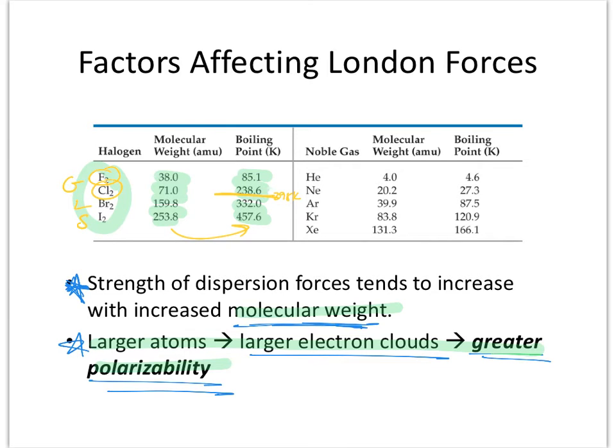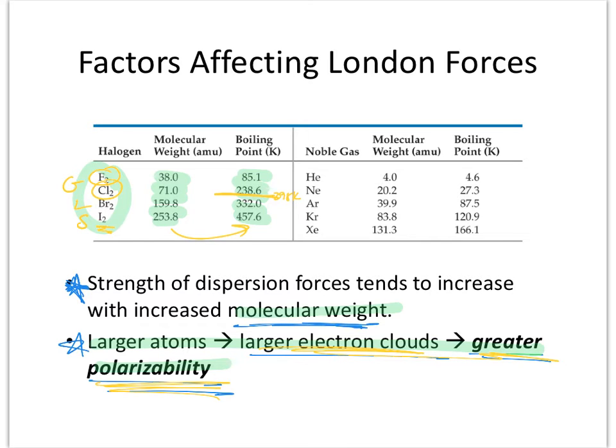Iodine is a solid at room temperature. Why? Because the intermolecular forces between iodine molecules are stronger due to the larger electron cloud and more polarizability of the molecule. If there's more electrons moving, that means there's more electrons that have the ability to shift to one side of that molecule and induce a stronger dipole on the neighbor.